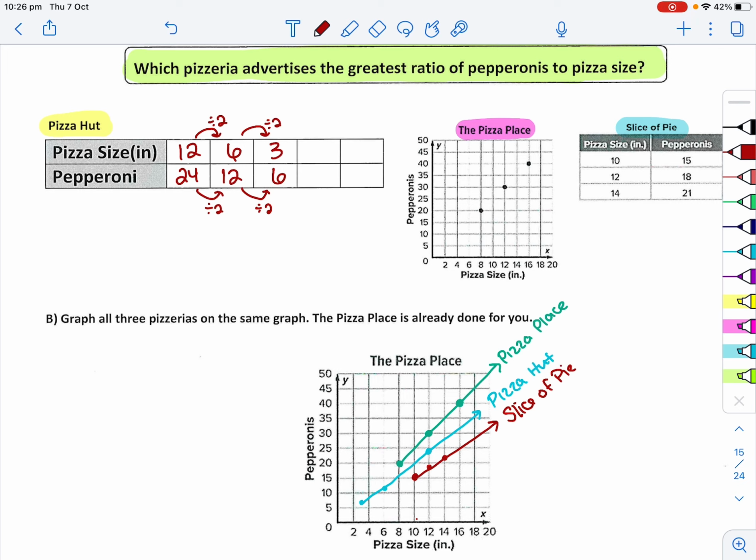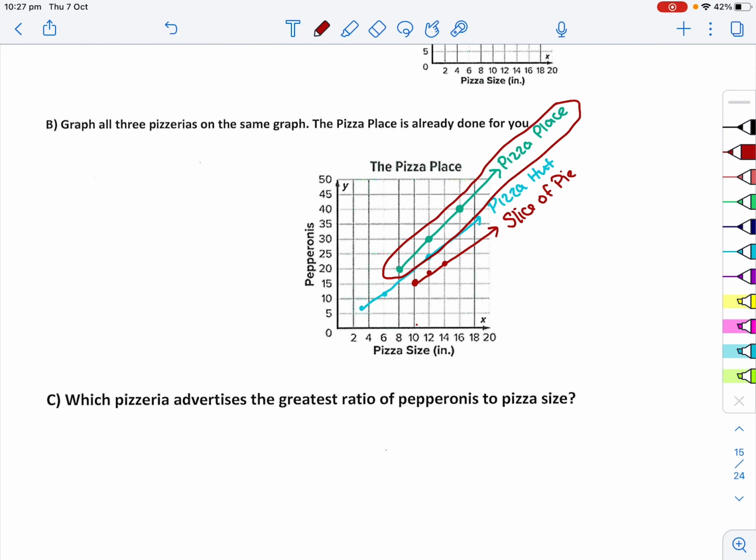This one is a little bit less misleading because it doesn't have A, B, and C, so we don't have to worry about things going in order, quote unquote, in order. But now we are truly just looking at who is the greatest ratio of pepperonis to the size of the pizza. And in this case, it is going to be Pizza Palace. So when I come down here and answer the question, it's going to be Pizza Palace.